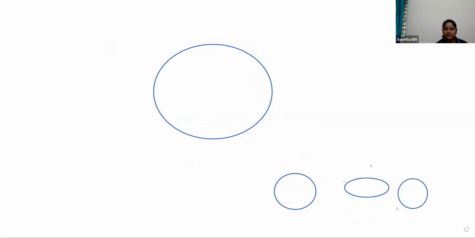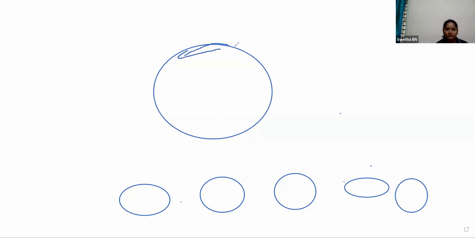Okay, they'll be the same size. For example, take a sphere and take a thread. Okay, so you can do it at home. Take a thread and just go on winding it around the sphere like this. Are you getting what I'm saying, Panchami?